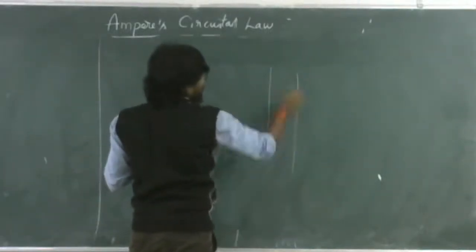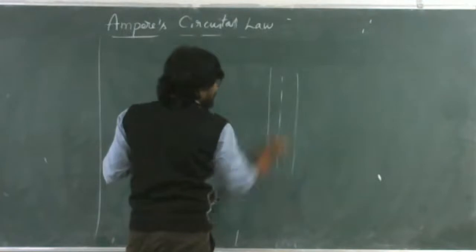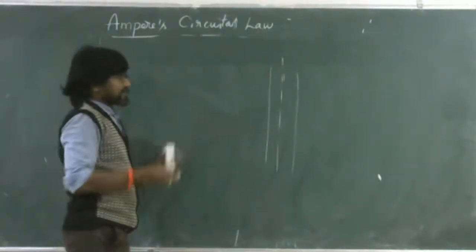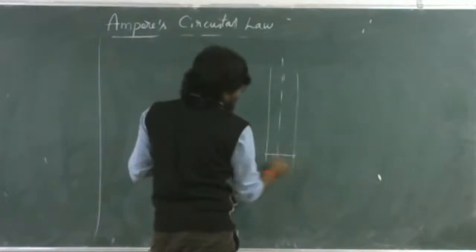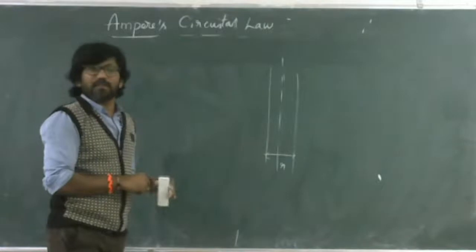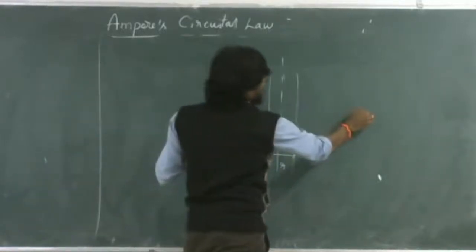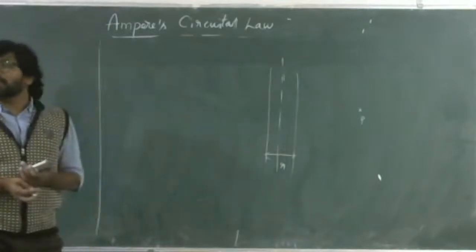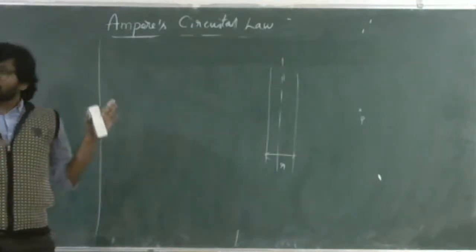If it is a cylindrical wire having this as the axis, a thick wire or cylindrical conductor having some radius r, and at a point P, if I ask you to find the magnetic field.